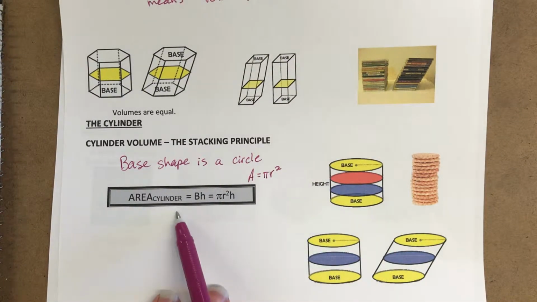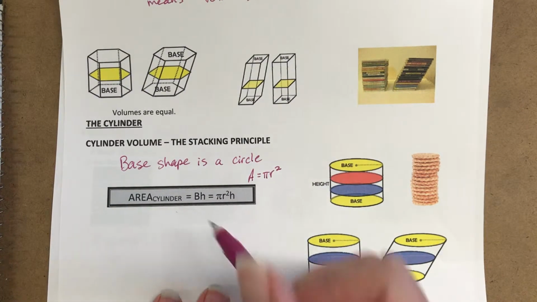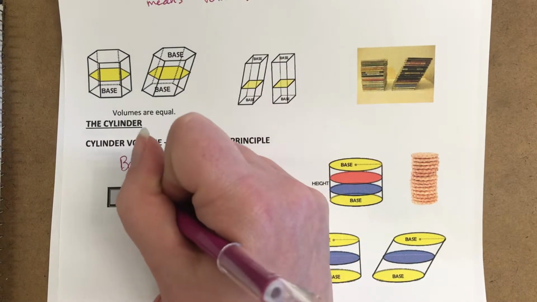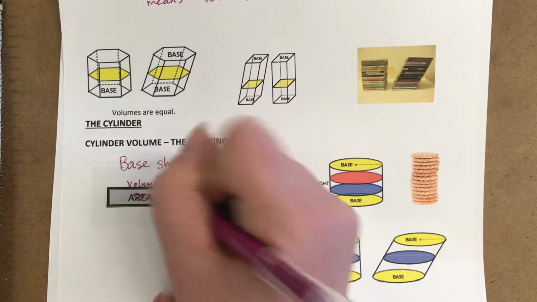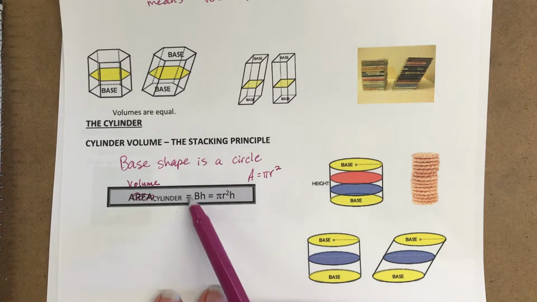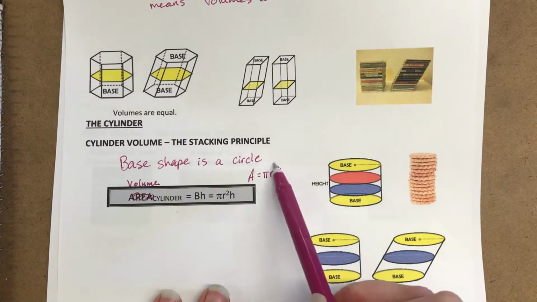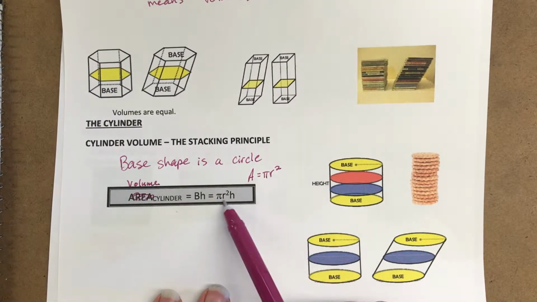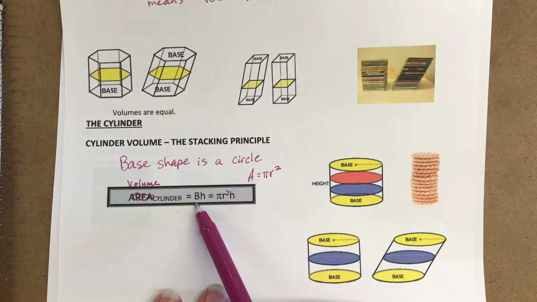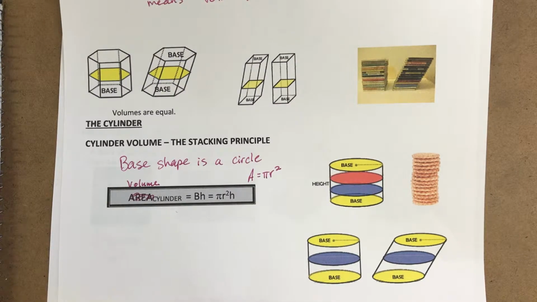So to find the volume of a cylinder, all we have to do is take the area of the base times the height. Well, since my base is a circle, I know I can plug in pi r squared in place of the base area, and then take it times the height.